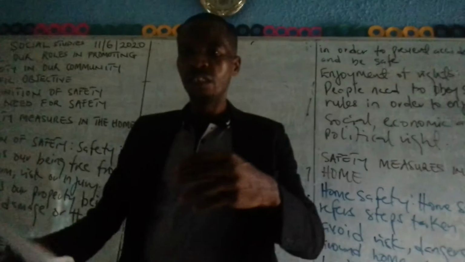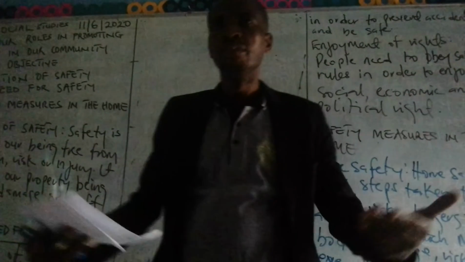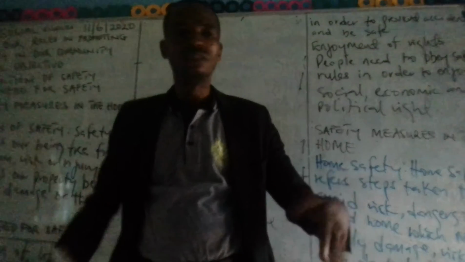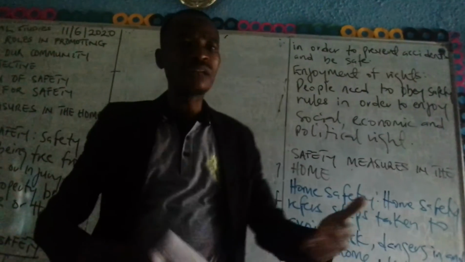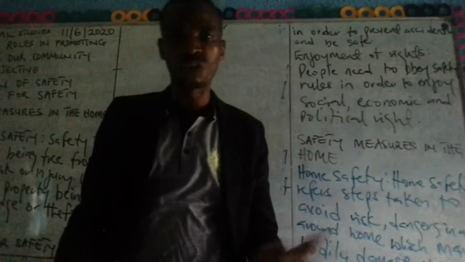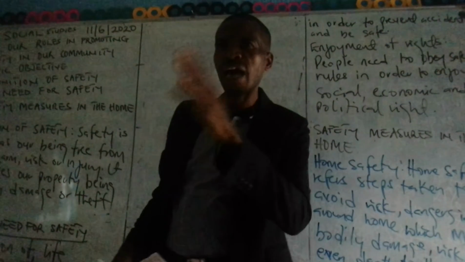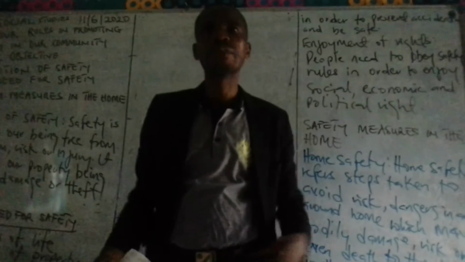Another one is, in the case of fire, you have to keep a fire extinguisher readily accessible in the kitchen and around strategic points in the home, and children must also be taught how to handle the fire extinguisher in case of emergency. Then another one is medicines and harmful chemicals must be kept away from children.